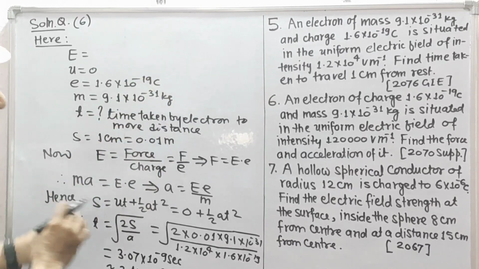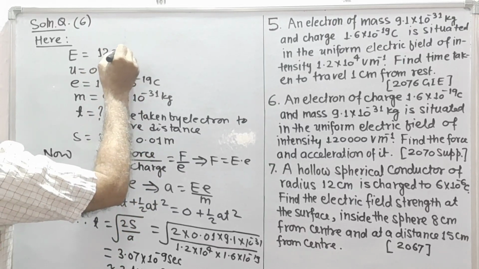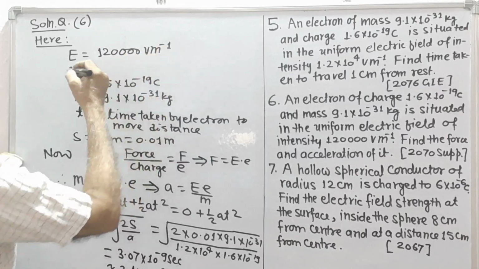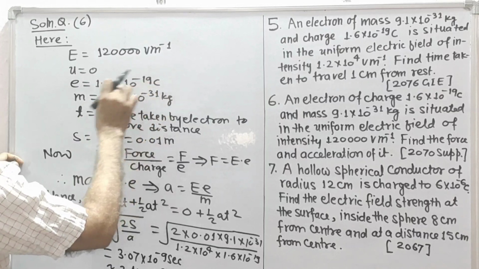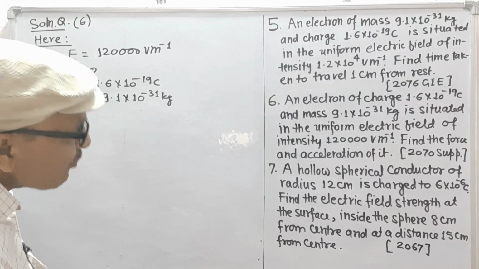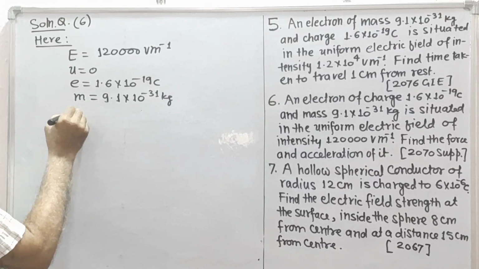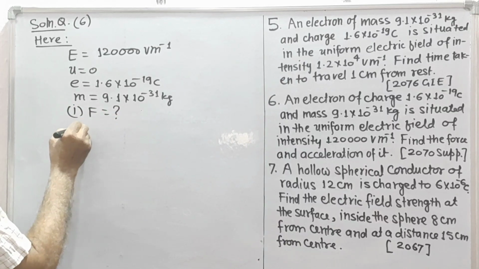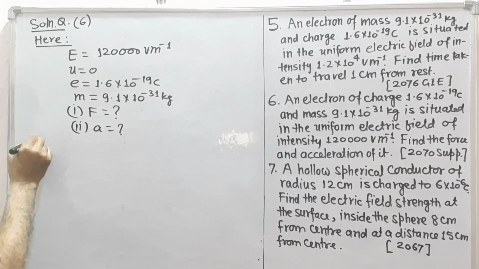Electric field is given to be 120,000 volt per meter. Electron starts from rest, U is 0. Charge and mass of electron are given. We have to find the force and acceleration of electron. First, force. Second, acceleration.